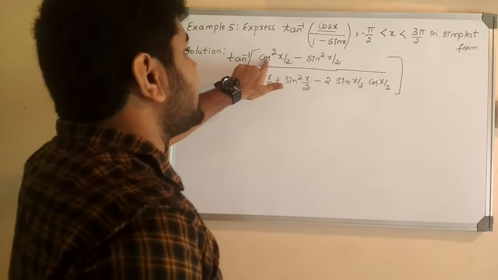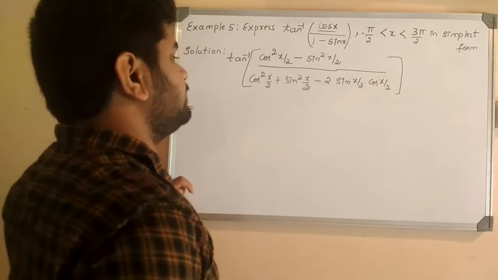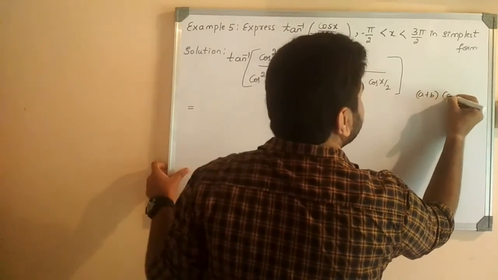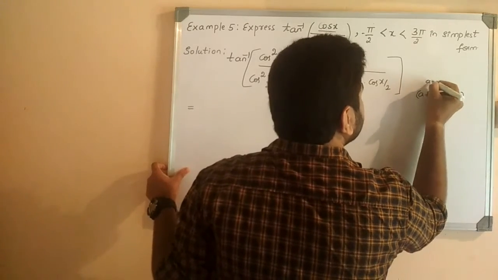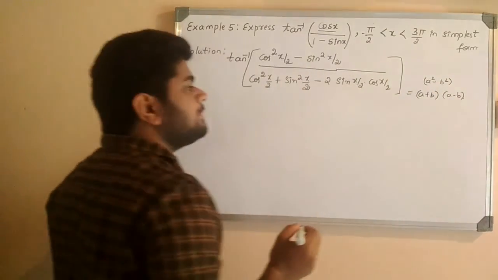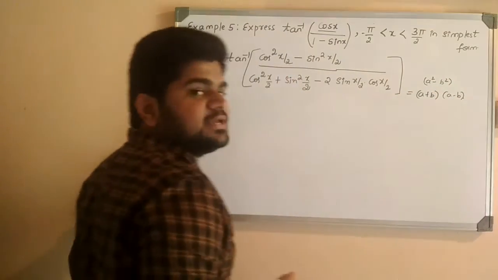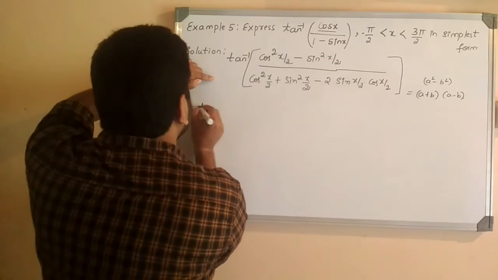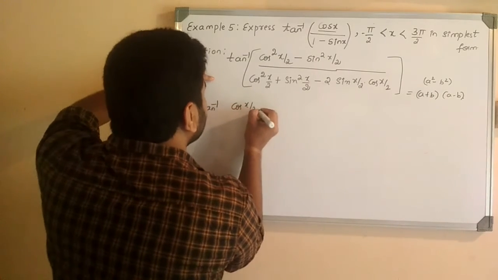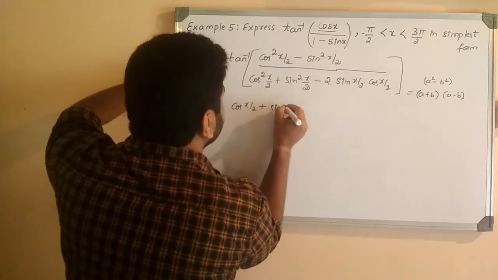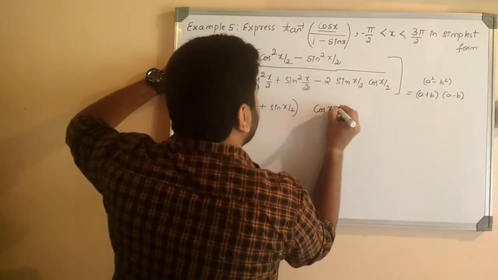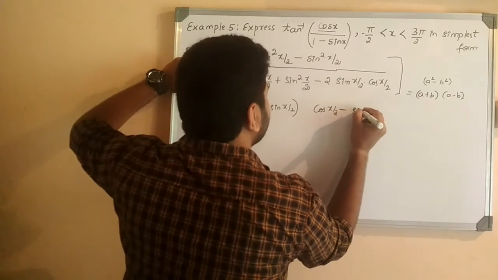Here, this is in a square minus b square form. A square minus b square is equal to a plus b, a minus b. So here it will be tan inverse of cos x by 2 plus sin x by 2, cos x by 2 minus sin x by 2.